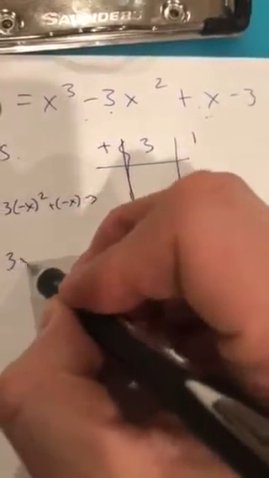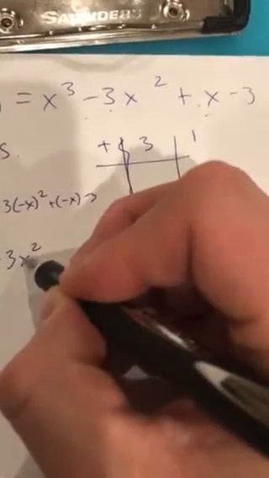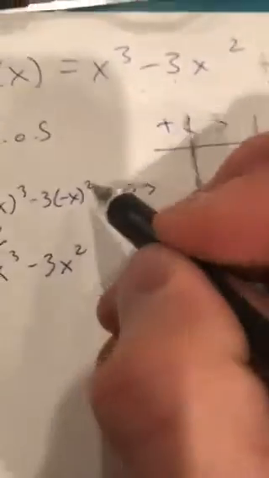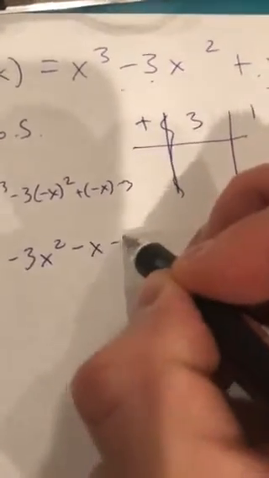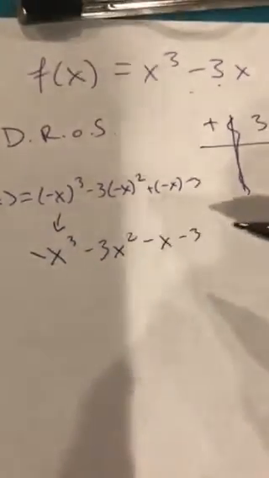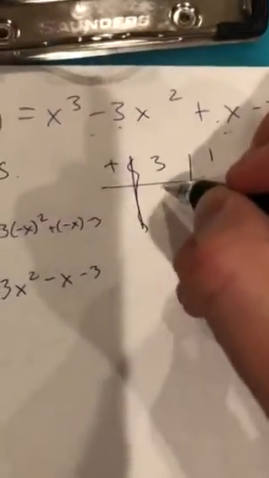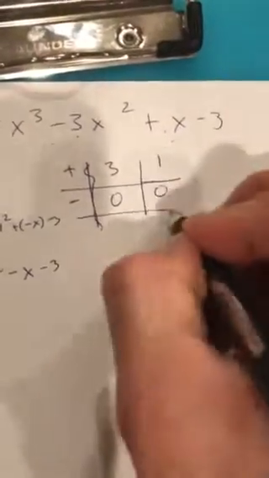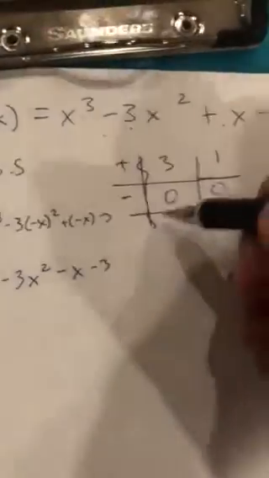This is not going to change because it's a negative number being squared, and this is going to change, and that's going to stay the same. So now I have all the same signs, which means that there are no sign changes. That means that there are going to be no negative roots. Okay.